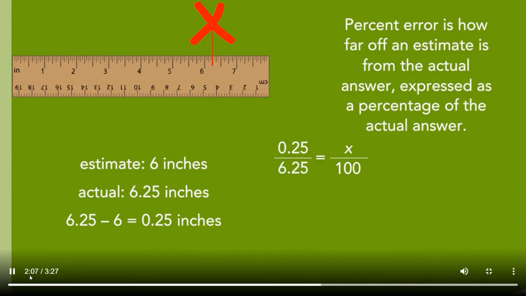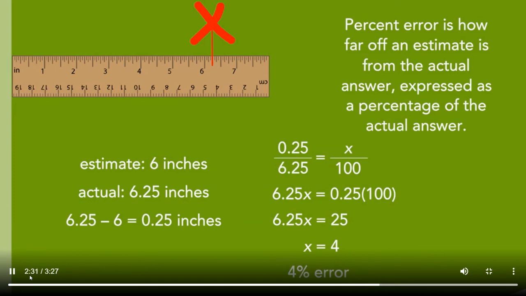Okay, so if I cross multiply, I get 6.25 times x is equal to 0.25 times 100. So 6.25 times x equals 25. Divide both sides by 6.25 to find that x equals 4. That's right. That means there was a 4% error. Your estimate was only off 4% from the actual answer.